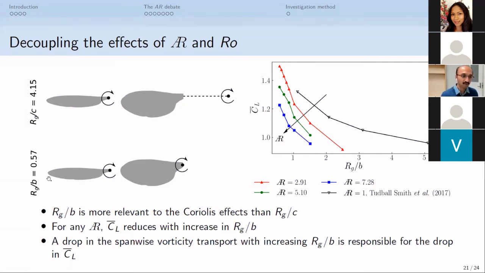Whereas if we have to maintain constant R_G on B, then there is no effect on the wing offset, and therefore the Coriolis terms in the 2 cases should be similar, and therefore the vortex structure is similar, and that's what we observed.